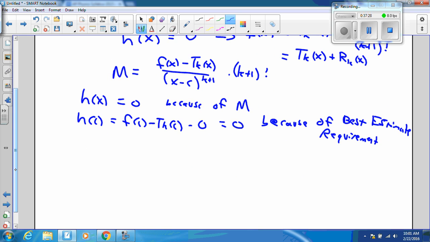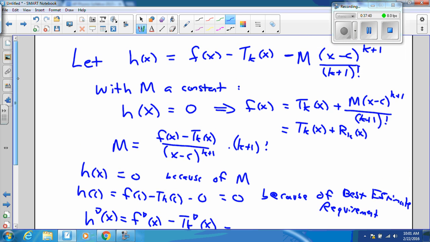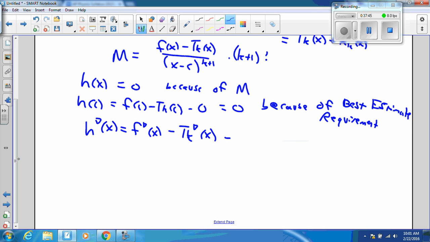Well, yes, because h prime of x is equal to f prime of x minus T_k prime of x minus, now here's where I actually have to take a derivative, the derivative of this term right here, which is going to be M times all that.